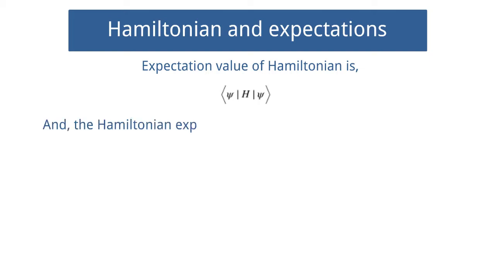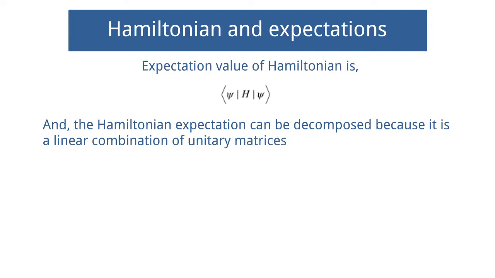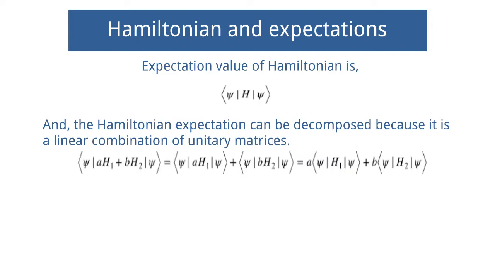While the expectation value of the Hamiltonian is ⟨ψ|H|ψ⟩, the Hamiltonian expectation can be decomposed because it is a linear combination of unitary matrices. ⟨ψ|aH_1 + bH_2|ψ⟩ equals ⟨ψ|aH_1|ψ⟩ + ⟨ψ|bH_2|ψ⟩ equals a⟨ψ|H_1|ψ⟩ + b⟨ψ|H_2|ψ⟩.